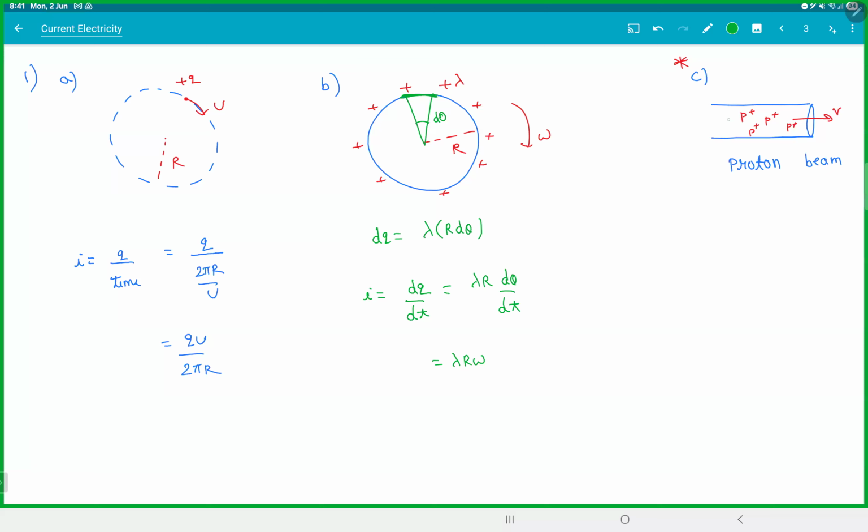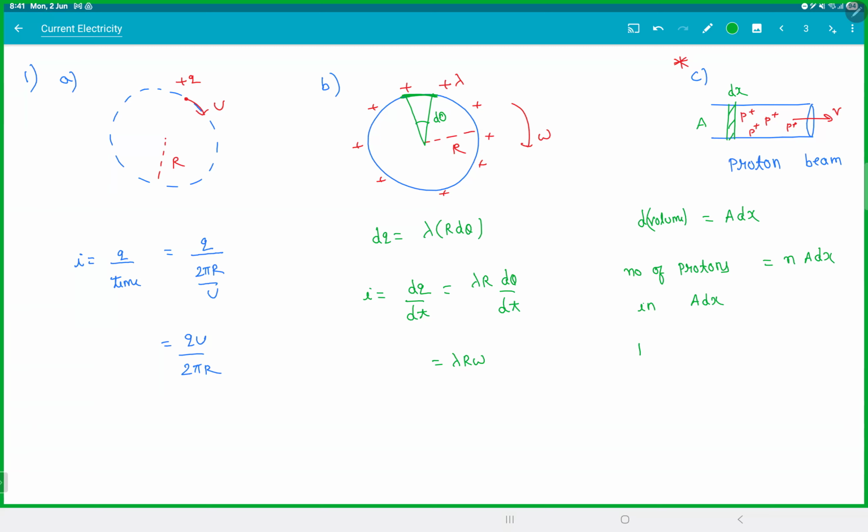What about this one? Take a thin cross section dx, area is A. So we get a thin volume. The small volume will be A into dx. Then the number of protons in A dx will be n into A dx, the number of protons per unit volume into volume.